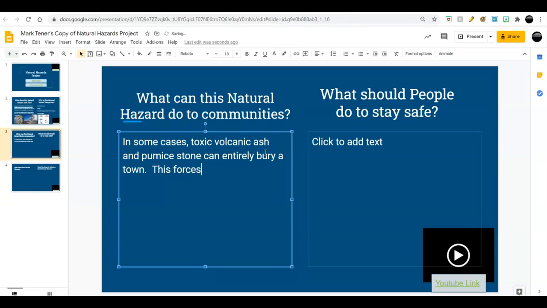This forces the people to become refugees and seek shelter elsewhere. This is pretty sad, but it has happened. So it's good to know about this and good to think about this before a volcano erupts. What would happen if a volcanic eruption happens? So we got that, and we can go ahead and get some pictures.